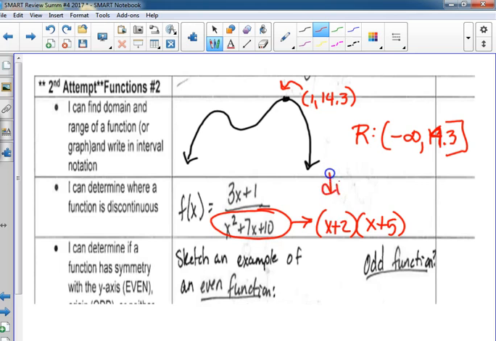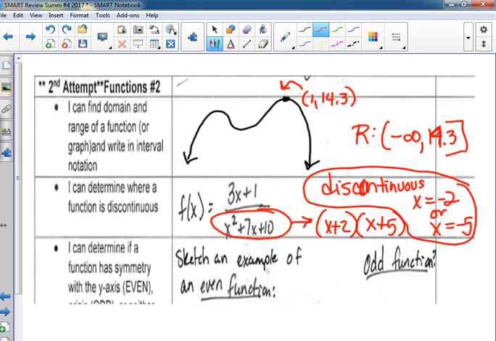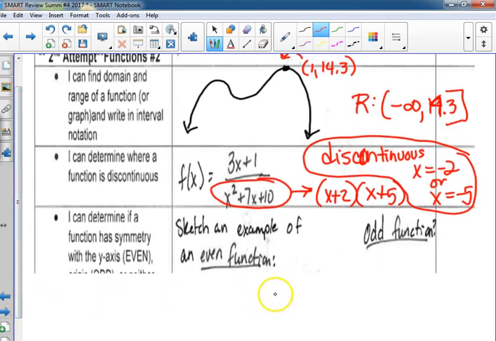So this function is discontinuous when x equals -2 or x equals -5. If it's a yes or no question, is it continuous at this spot? It might be more like this where it says, give me a number where it is discontinuous, okay?